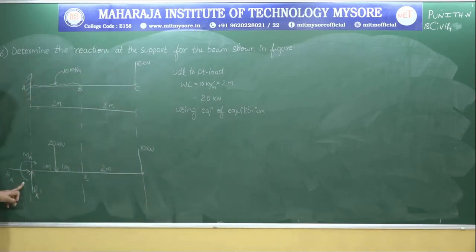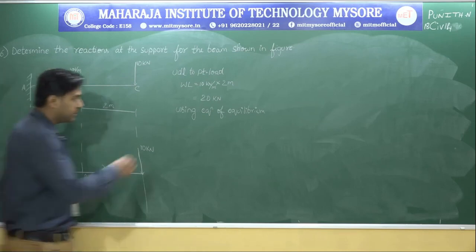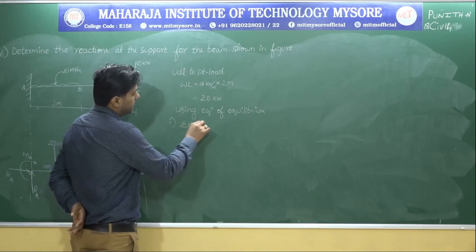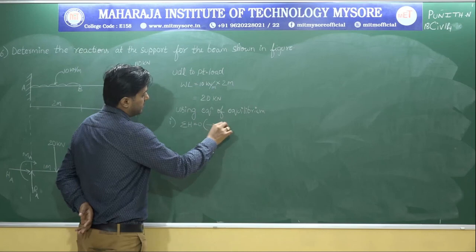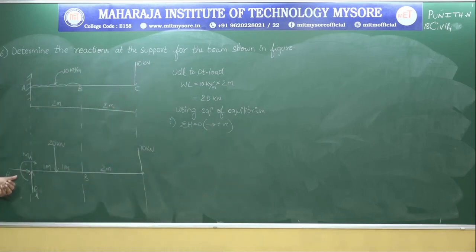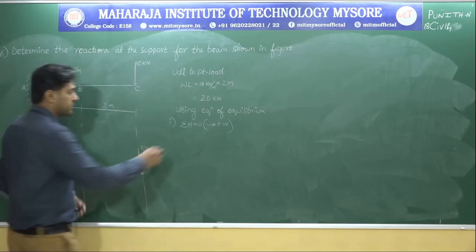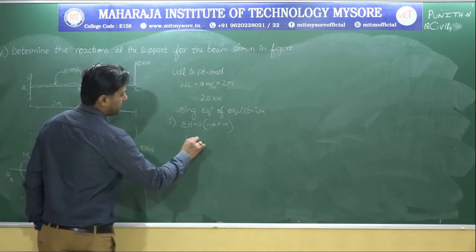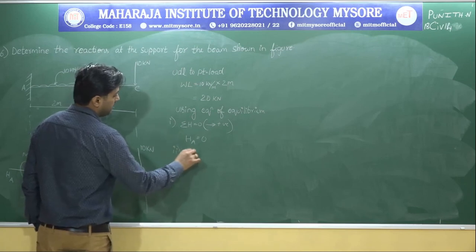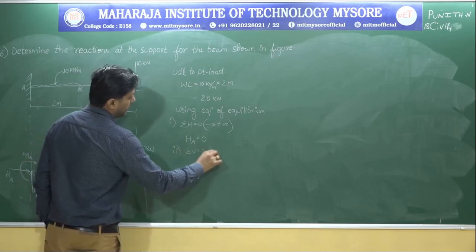Observe. Here any horizontal force? Yes, we are having a horizontal force HA, but as it is only a single force, first one, sigma H is equal to 0, rightward direction positive. We are having only one horizontal force, that is HA, acting in rightward direction. So HA, we don't have any other force, so equate it to 0. Second one, sigma V is equal to 0, upward direction positive.